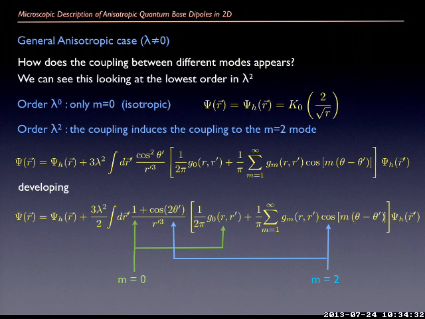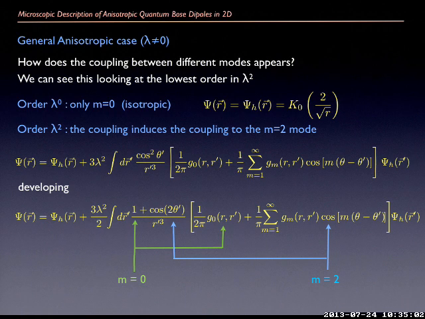Already at the lambda square term, you see that the anisotropy appears, because this term is isotropic, but then you have cosines from the cosine square, 1 plus cosine 2, and terms here, and you see that integrals with two cosines are diagonal. So this term here, which is m equals 0, and this term here, which is m equals 0, gives some dressing of the lambda equals 0 solution for m equals 0.